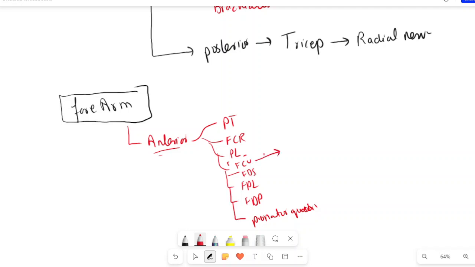Flexor carpi ulnaris is supplied by the ulnar nerve.